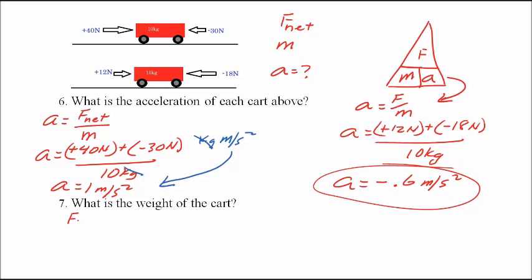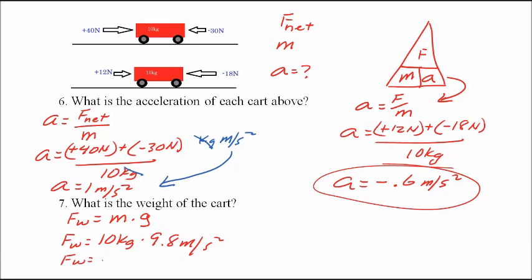We're going to say force of weight equals mass times not just any acceleration, but that specific acceleration, the acceleration due to gravity, g. So force of weight is equal to the mass, that's 10 kilograms for both carts, times the acceleration due to gravity, 9.8 meters per second squared.